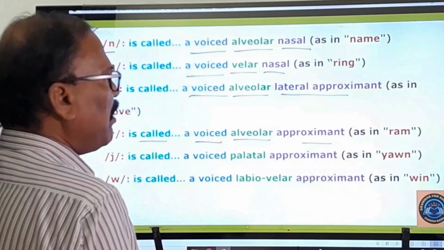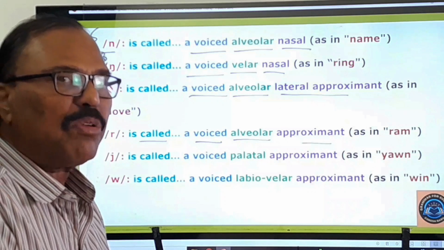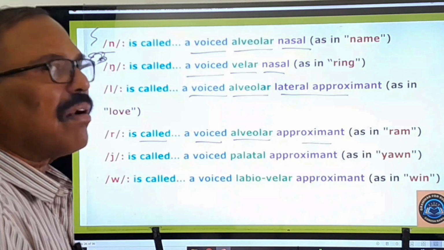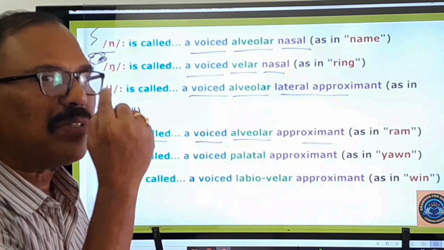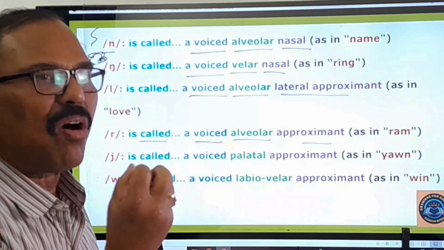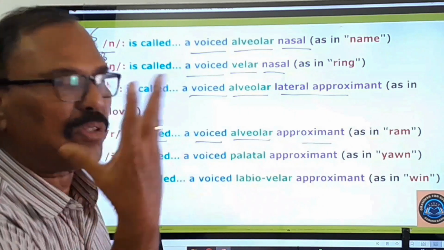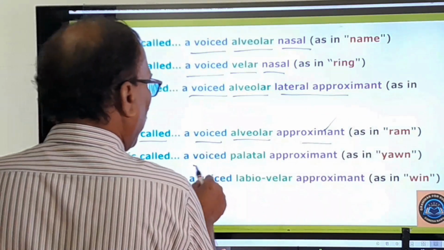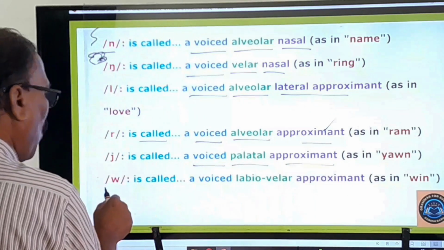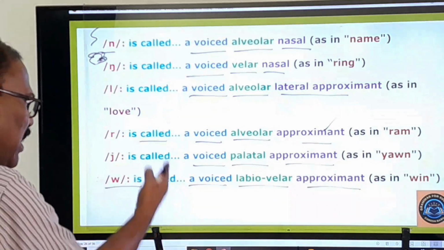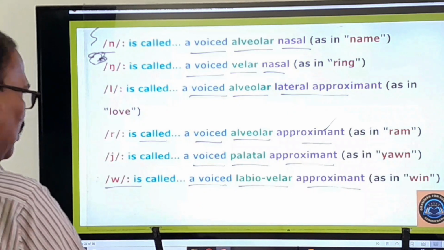Approximant means it almost touches it; it is trying to touch the alveolar ridge, but it is not touching. So that's approximant, almost touching, not touching. And ya is a voiced palatal approximant. Wa is a voiced labiovelar approximant. So these are the names given to them.